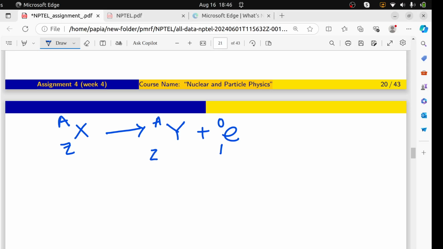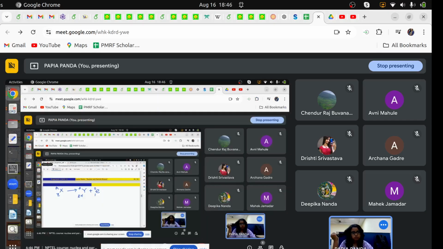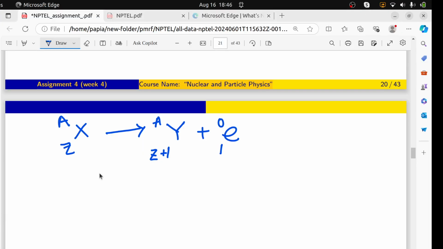Can anyone tell me, Z plus 1 or Z minus 1? Or will it be only Z? Which option should be there for Y?